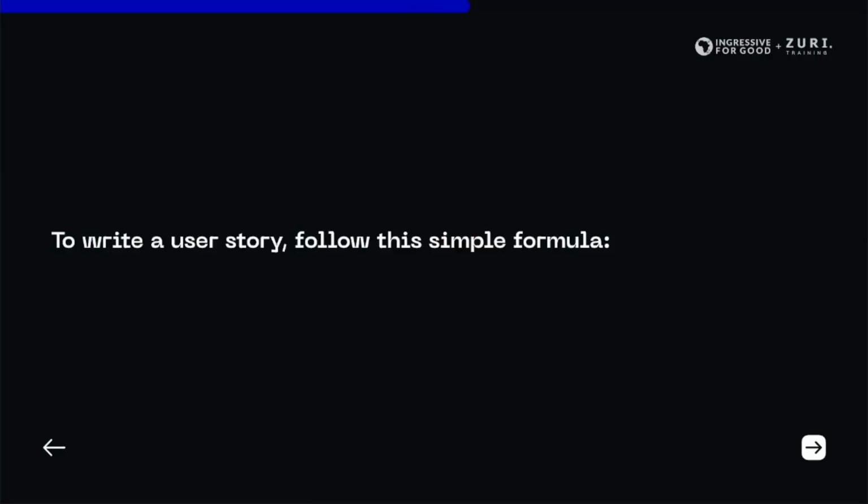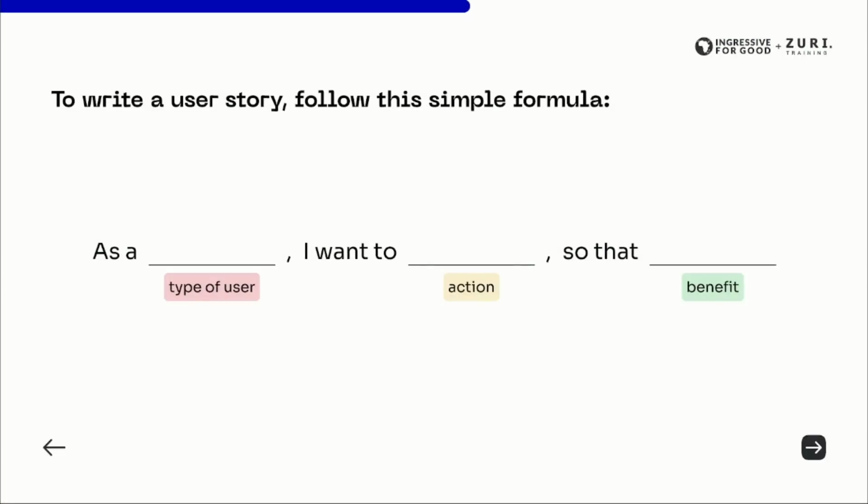To write a user story, we follow this simple formula. As a type of user, I want to action, so that benefits. All that is left now is filling in the missing pieces.